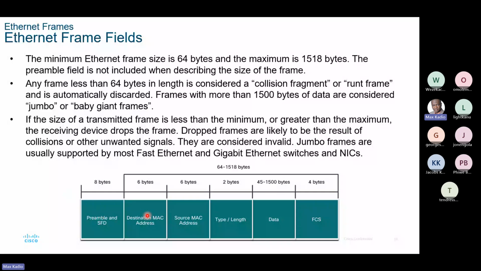This frame should not be less than 64 bytes or more than 1518 bytes. It should be between 64 and 1518 bytes in length. You can read this one on top, it's quite interesting.